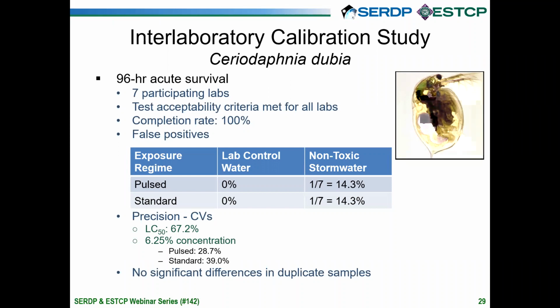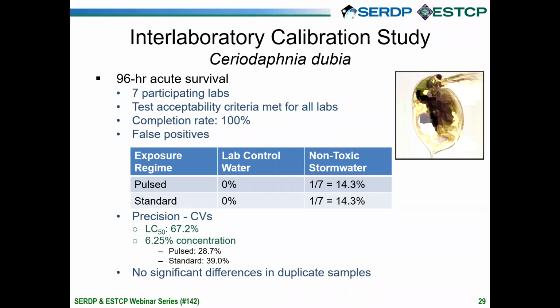Precision was estimated through the analysis of coefficient of variation, as I mentioned, and in this case we looked at the point estimate, the lethal concentration at which 50% of the organisms experience mortality, or the LC50. We were able to generate a coefficient of variation for that and look at that. We were only able to generate the LC50 for this series of tests for the pulsed exposure testing. So the LC50 that is shown here is only for the pulsed exposure method.